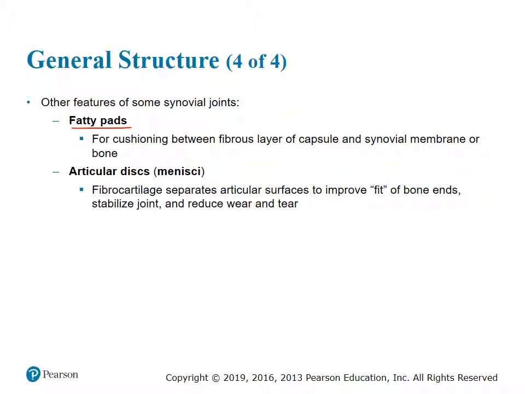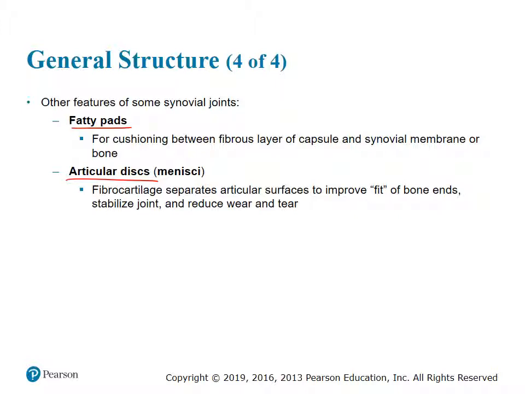Some synovial joints have a fat pad, which means there's this really thick fatty layer between the synovial membrane and the fibrous layer of the capsule. There's some fat in between, extra cushioning, depending on what's getting used there. And some of the joints have what we call an articular disc or menisci.